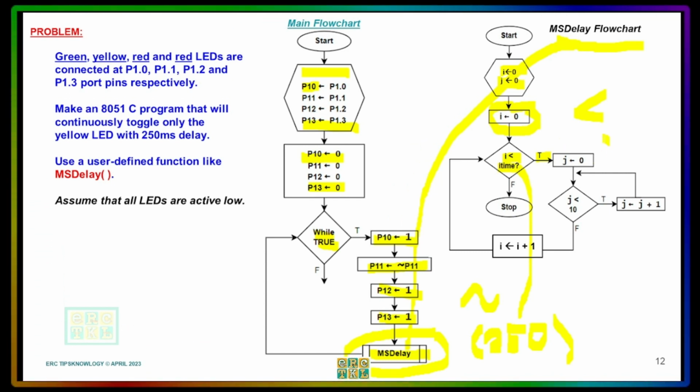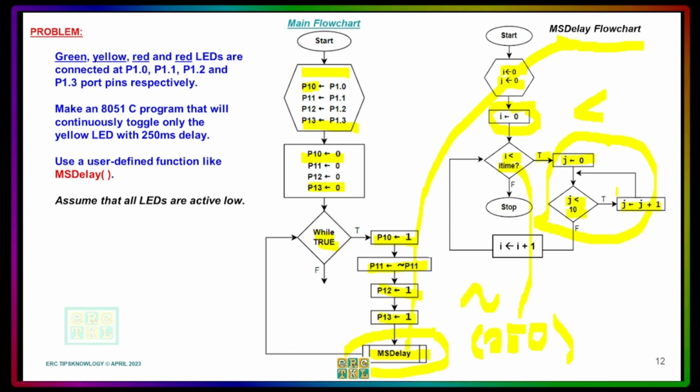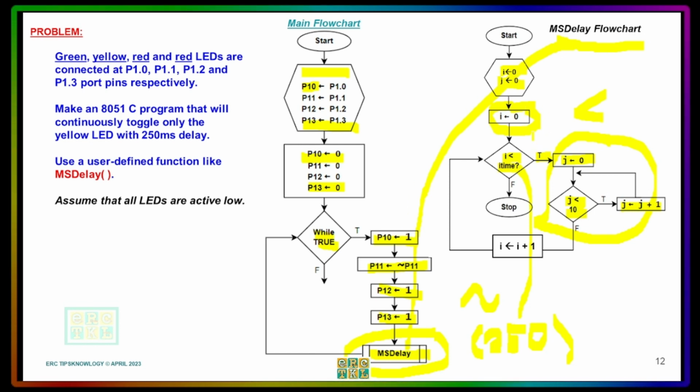So it means this part here will be repeated 250 times. And you will see here letter j, which is j less than 10, and then j plus 1. So what will happen here is that the j will be counting from 0 to less than 10, 0 to 9, that will be 10 times. And 250 times 10, that will be 2,500. Just like what I have pointed out.